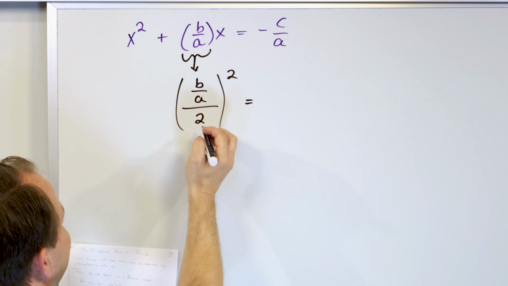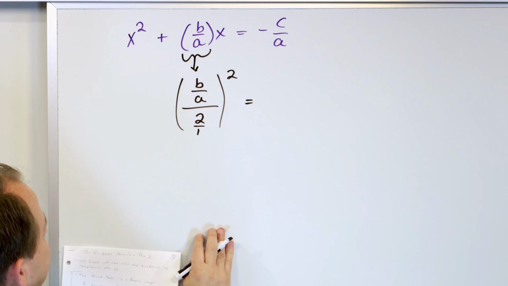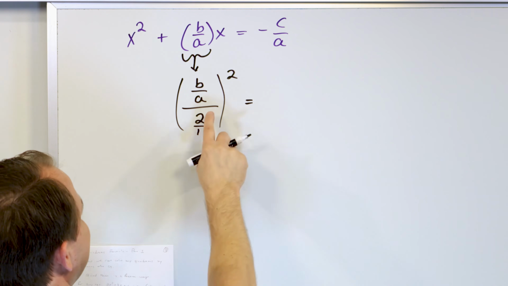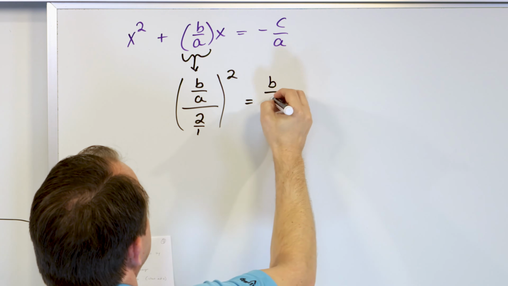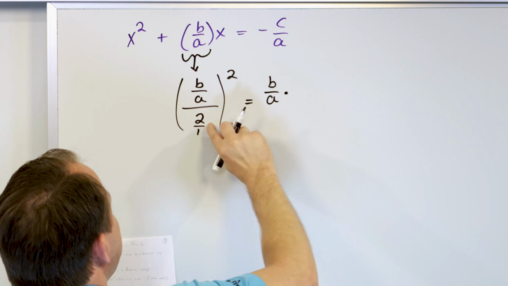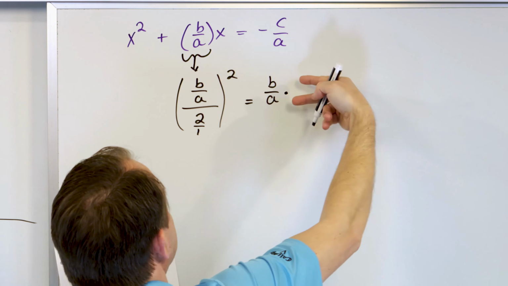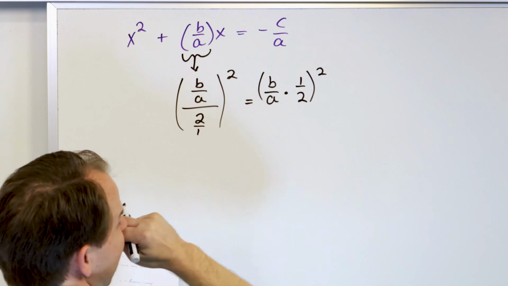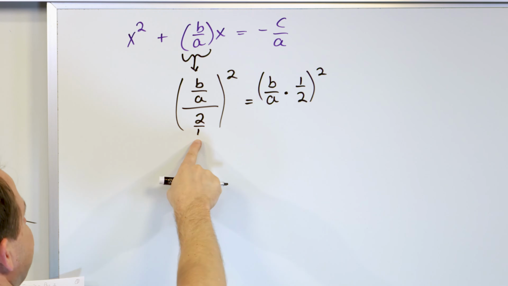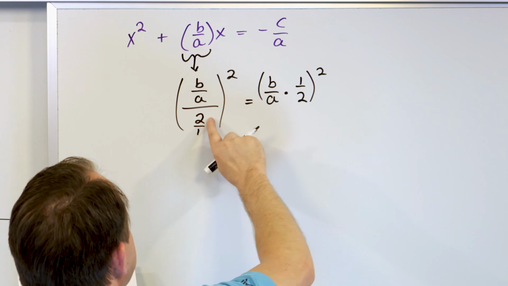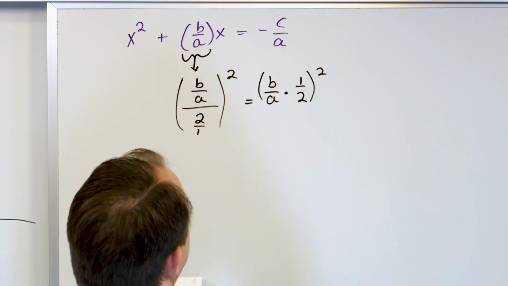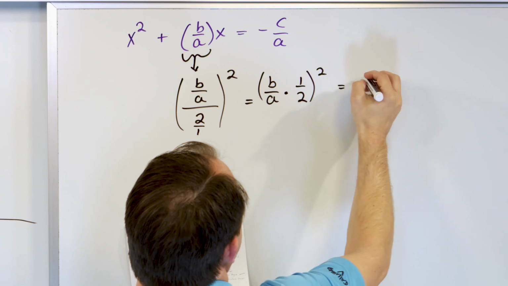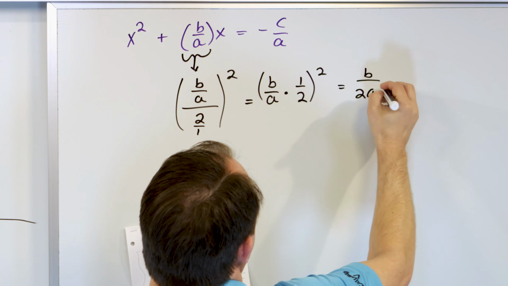Well, when I divide by 2, I'm really dividing by 2 over 1, because any number is just itself over 1. So I can change this fraction division into multiplication. And then the 2 over 1, when I flip it over to multiply, becomes 1/2. This whole thing is still squared, right? I have to take 1/2 of this coefficient and then square it. So by dividing it by 2, I flip it over and multiply by 1/2, and now I can see that this is going to be b over 2a.